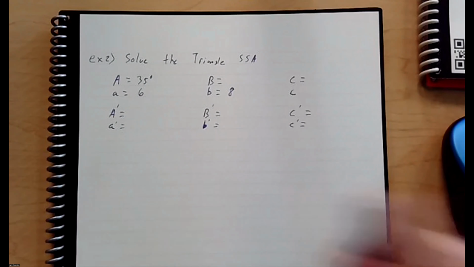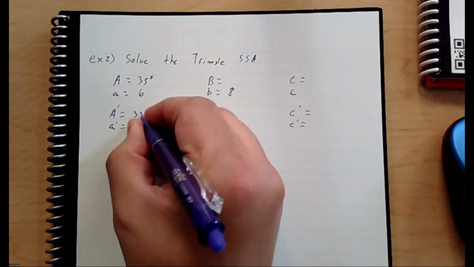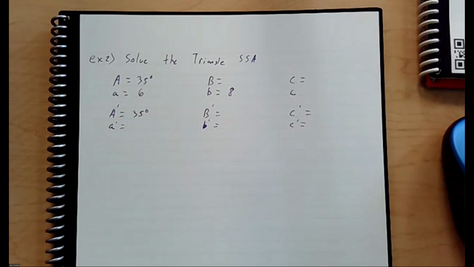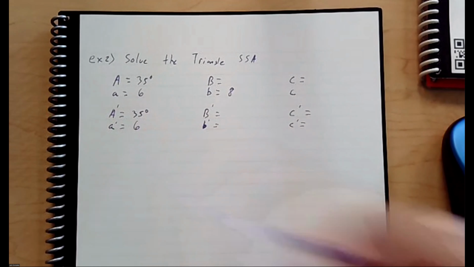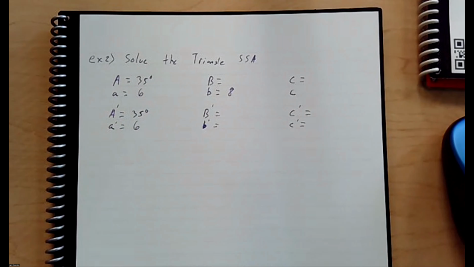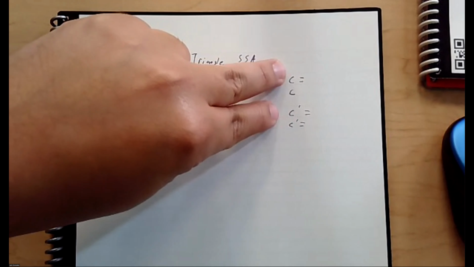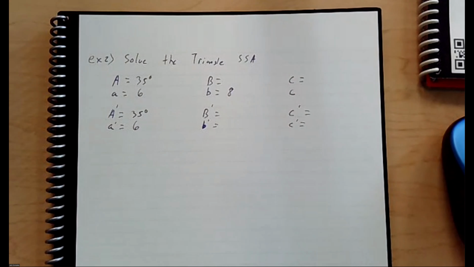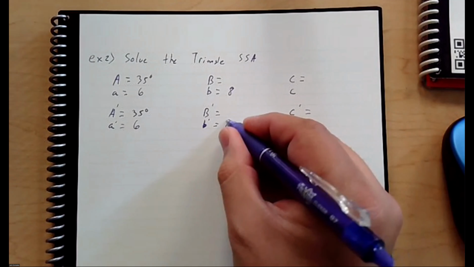Okay. And we said that the angle A is not going to change. And neither is this side. Angle B is the one that's going to have two possibilities. And so is angle C. Okay. We're given side B. That won't change.